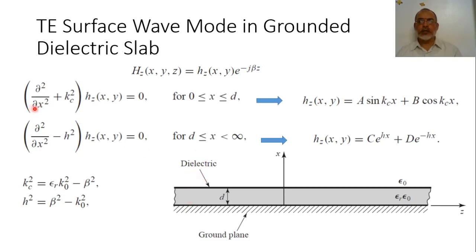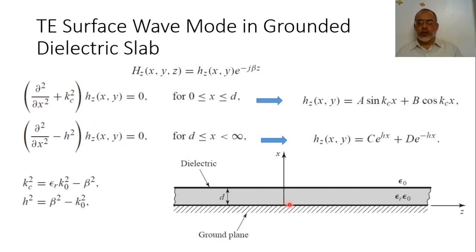The one inside the dielectric medium is partial squared by partial x squared plus kc squared Hz, and in the outside medium it is partial squared by partial x squared minus h squared Hz, where kc squared equals epsilon r k naught squared minus beta squared, and h squared equals beta squared minus k naught squared.